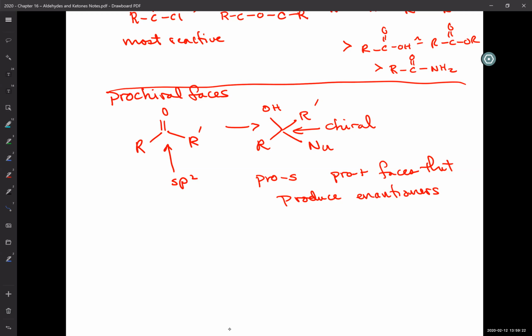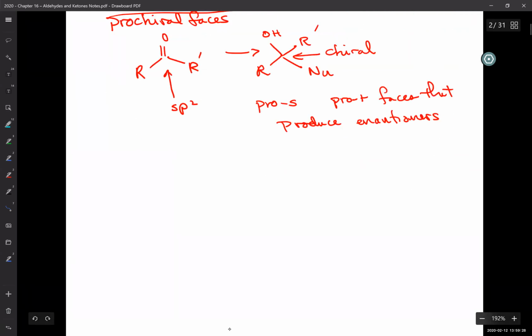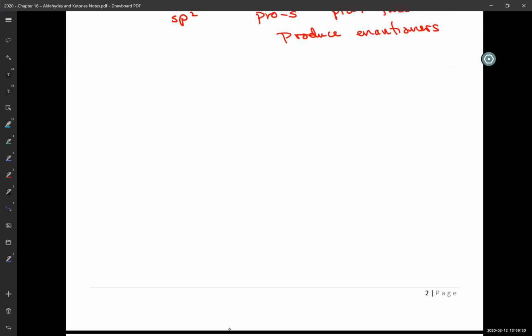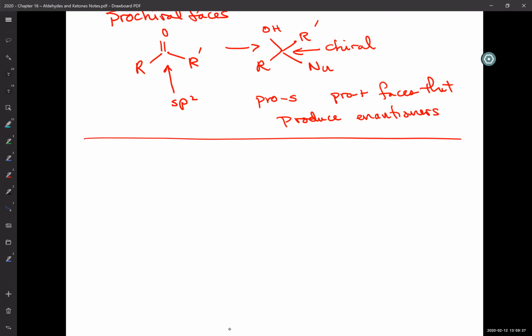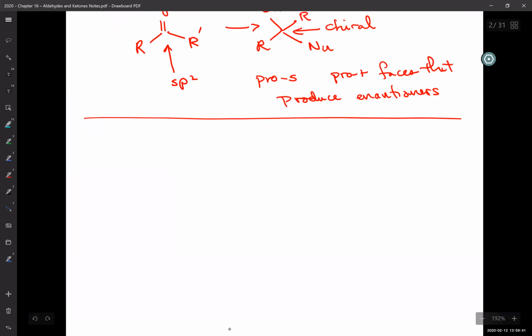All right, so let's talk about how you make aldehydes and ketones. I'll leave that part up. We'll start with, this is how I listed it out. You have an alcohol.